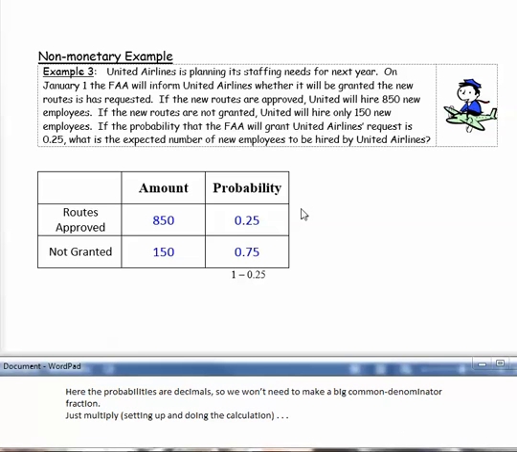Here the probabilities are decimals, so we won't need to make a big common denominator fraction for the calculation. We'll just multiply.